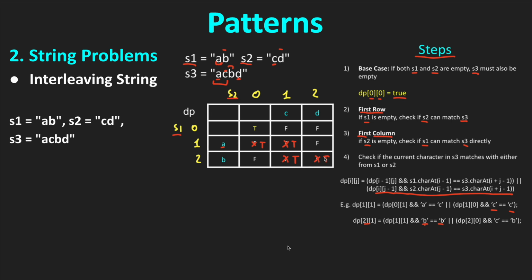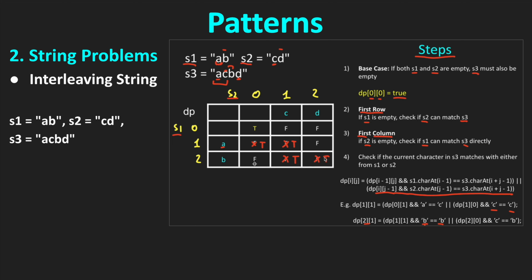Then what we are doing is, for the first row and the first column, we are checking whether we can make S3 just from S1 or just from S2 directly. So we are comparing the first character of S1 to the first character of S3, the second character of S1 to the second character of S3, and so on.